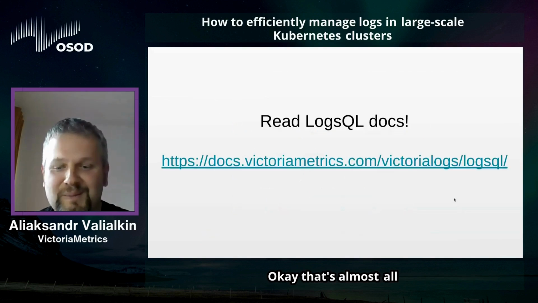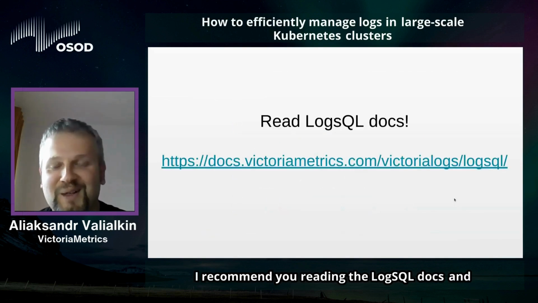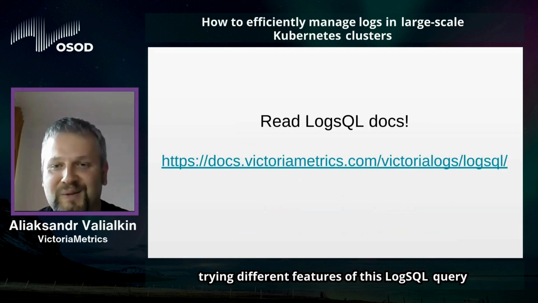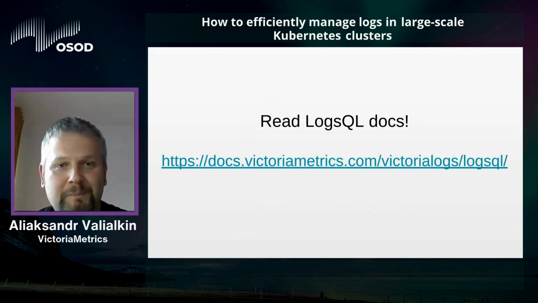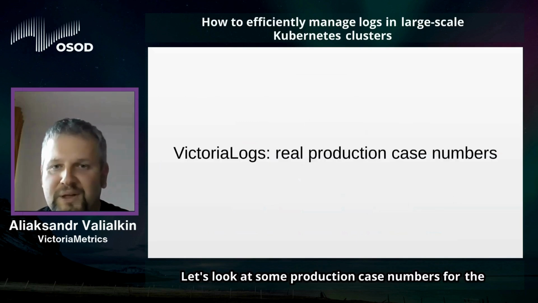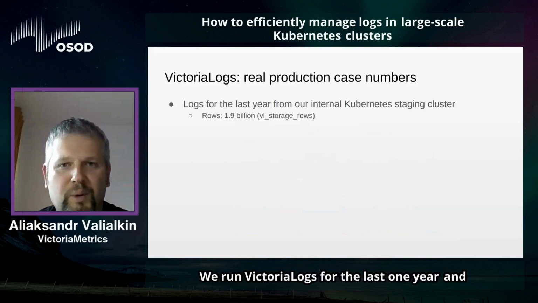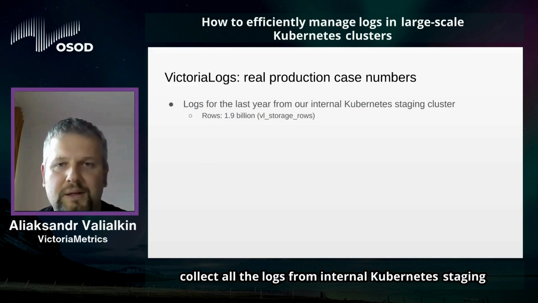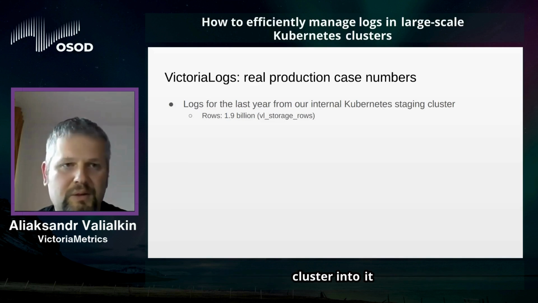Okay, that's almost all. I recommend you read the LogsQL docs and try different features of this LogsQL query language and play with it. Let's look at some production case numbers for VictoriaLogs. We run VictoriaLogs for the last 1 year and collect all the logs from an internal Kubernetes staging cluster into it.